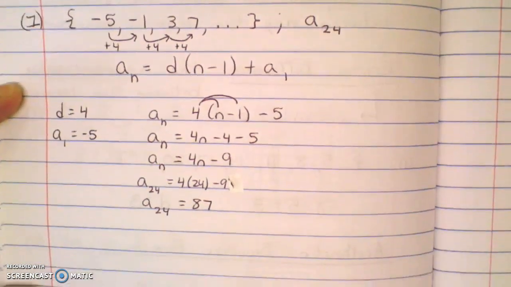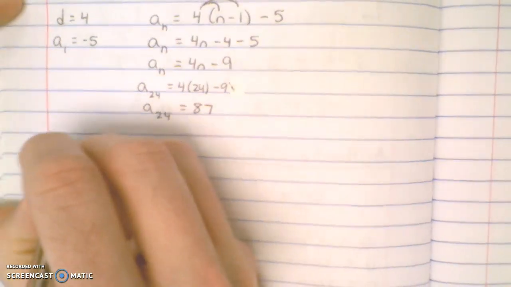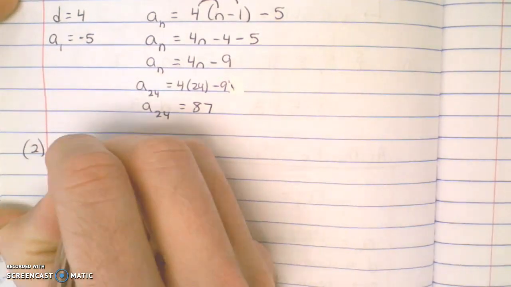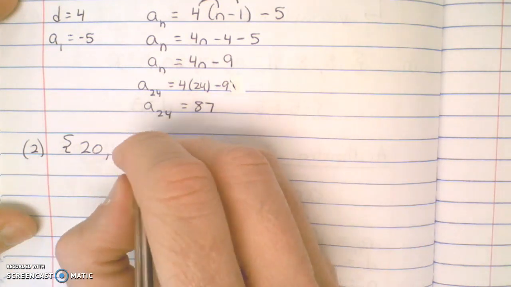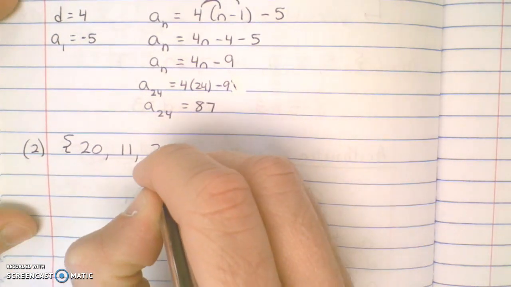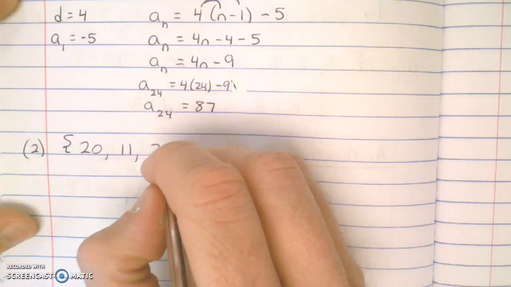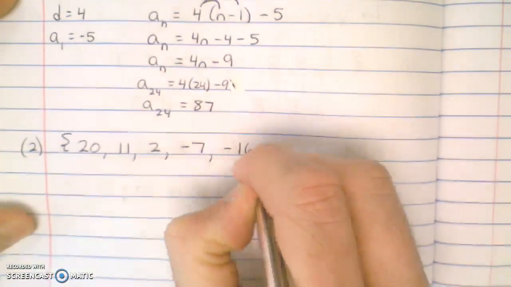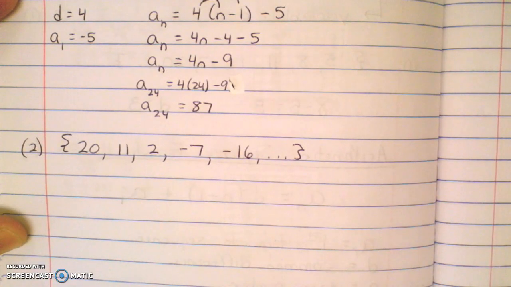Let's try another example. We've got 20, 11, 2, -7, -16, ... So we're going to write the rule and find the indicated term.